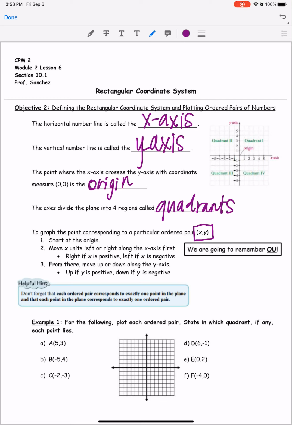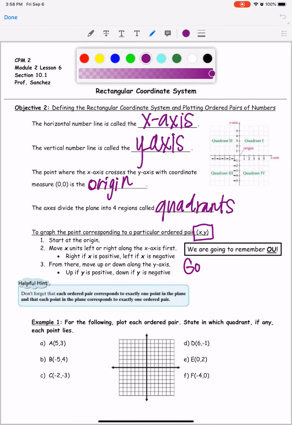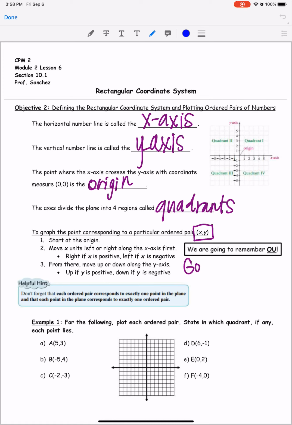So sorry if you're a Texas fan or an OSU fan, but we're going to remember OU. And what we mean by OU is when you are plotting an ordered pair, you are going to go over, that's the O part.